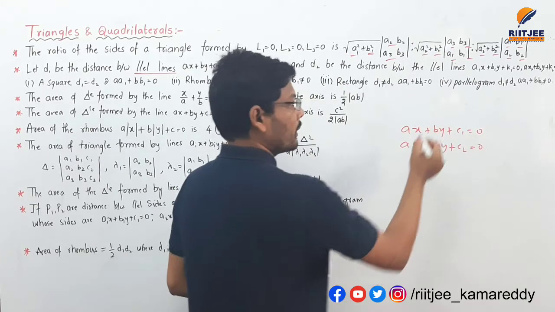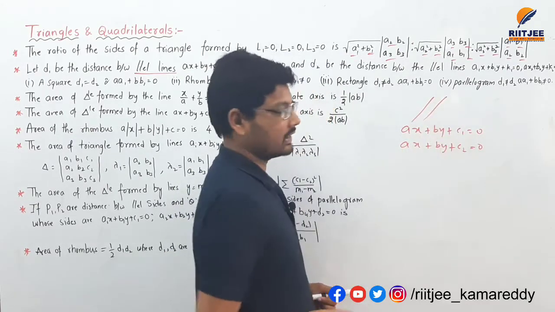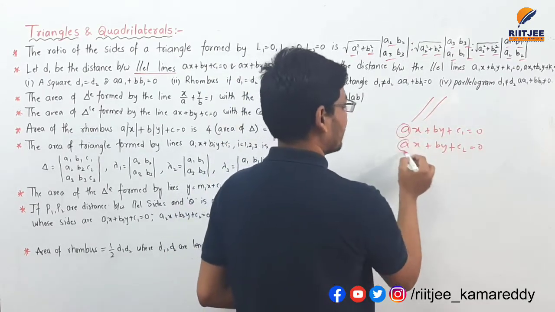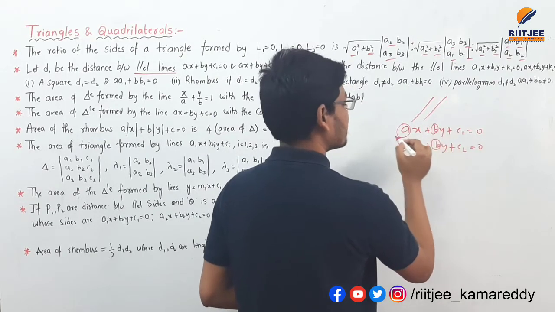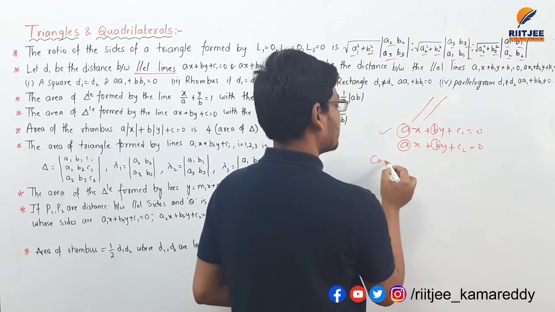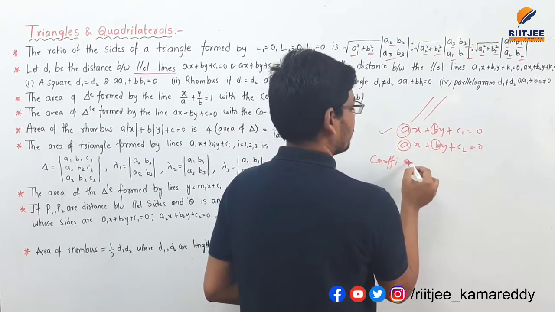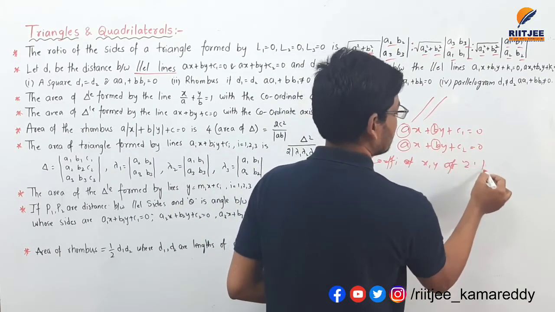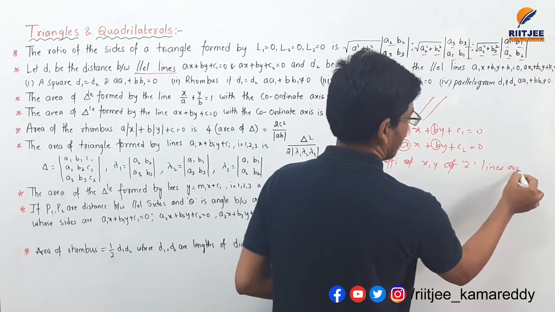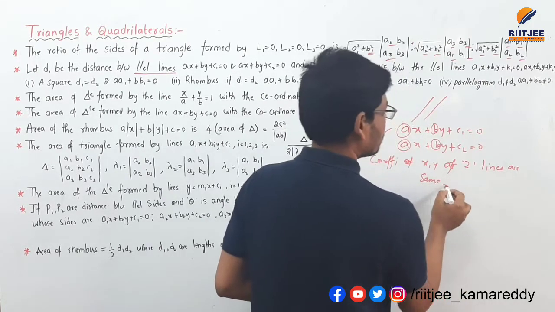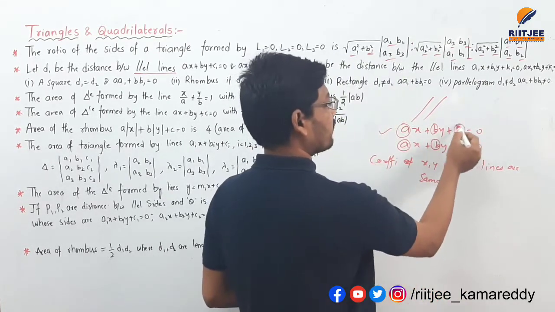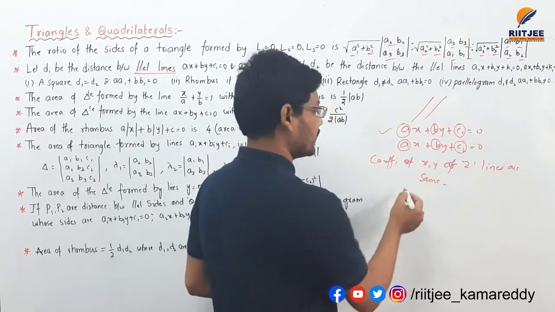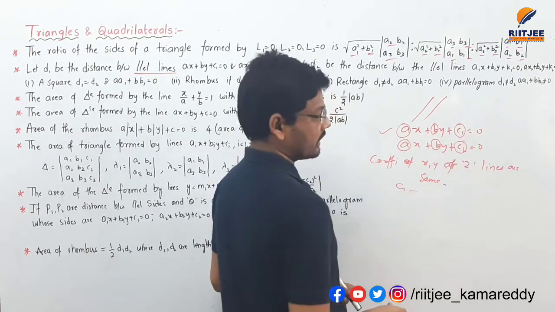When it comes to parallel lines, the coefficients of x and y of the two lines are the same. So the only changing factor is the constant; c1 and c2 are not the same here.